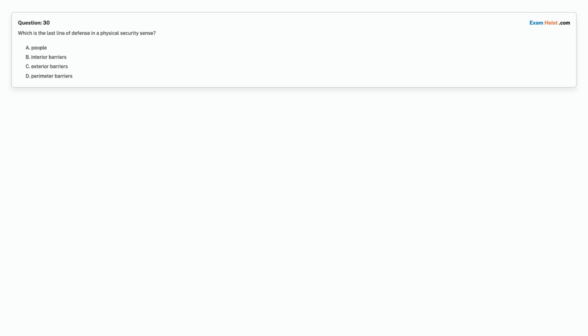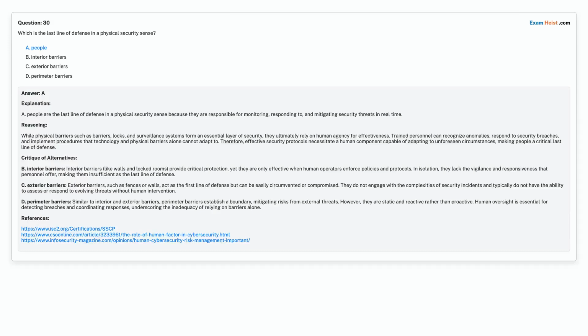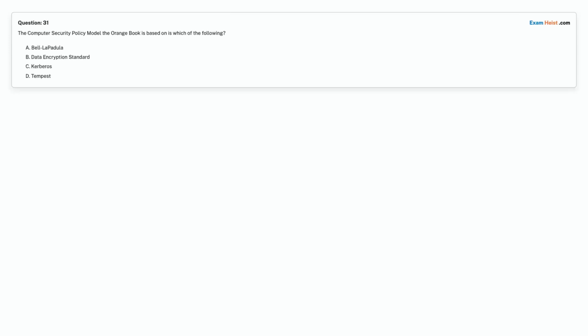Question 30. Which is the last line of defense in a physical security sense? Option A. People. Option B. Interior barriers. Option C. Exterior barriers. Option D. Perimeter barriers. Choose the correct answer. Correct answer is option A. People. Question 31.